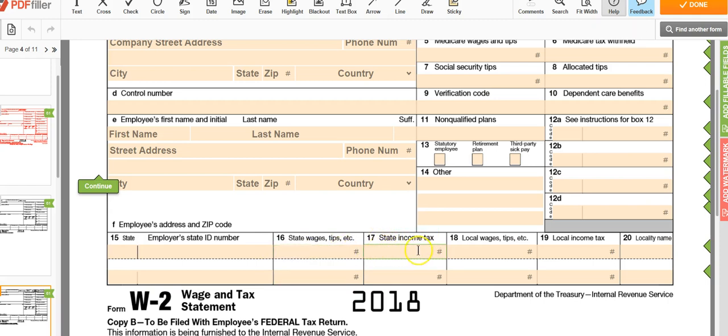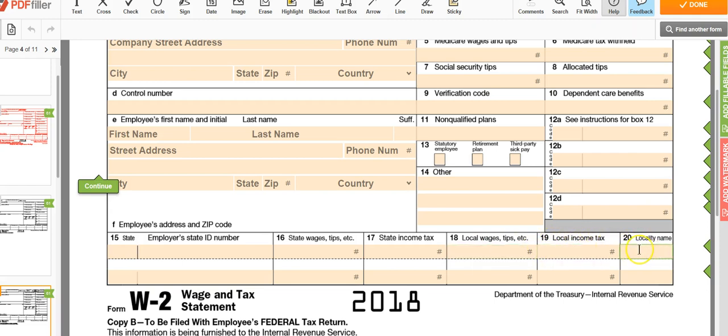Now, box 17 is your state income tax that was withheld from your state wages. Box 18 they call local wages, and that's really for wherever it applies. As an example, I'm in New York, so people who live in New York City pay a local tax, which you'll see in box 19. You're charged locally for your wages, and the amount of tax that comes out for that is in box 19, local income tax.